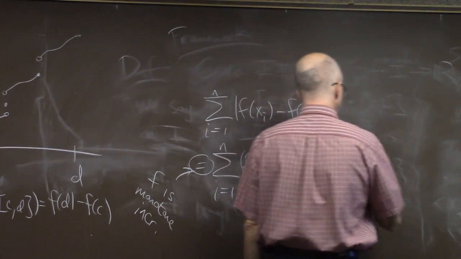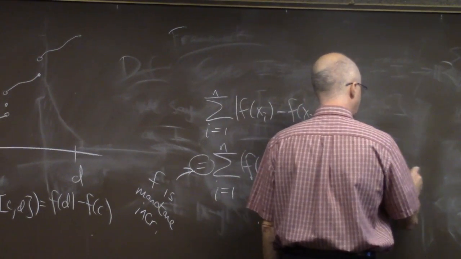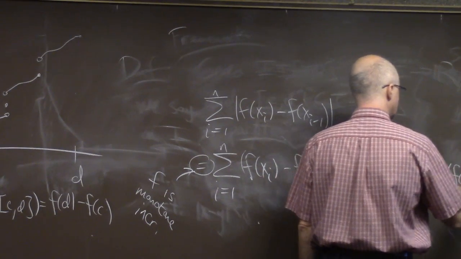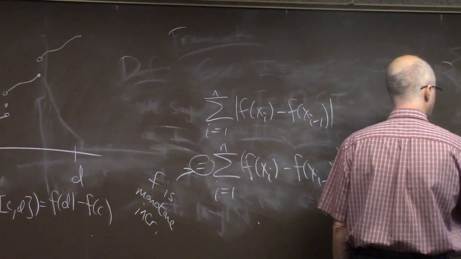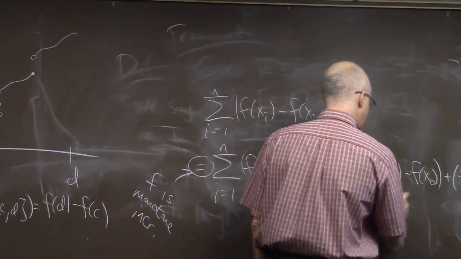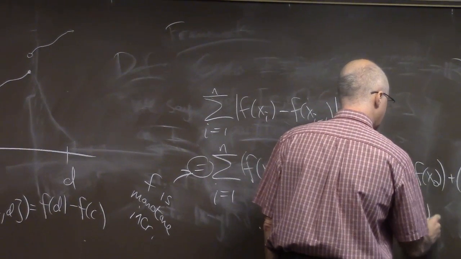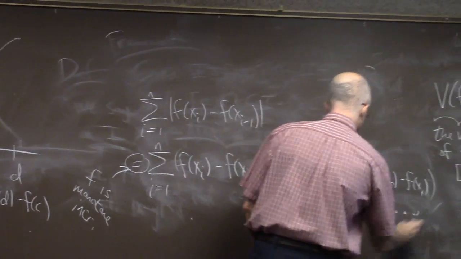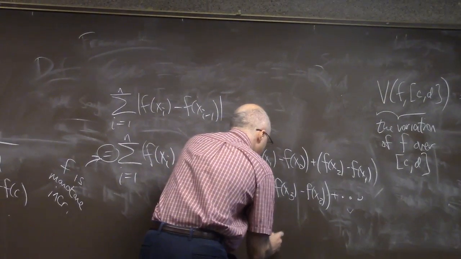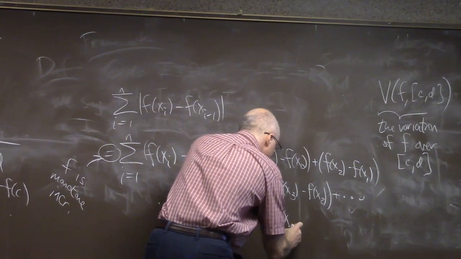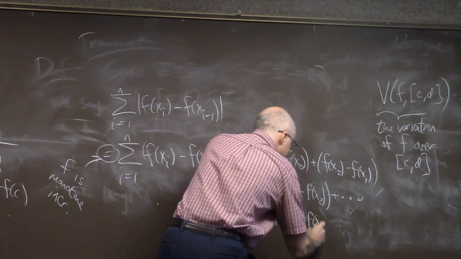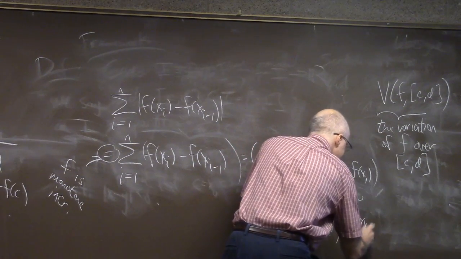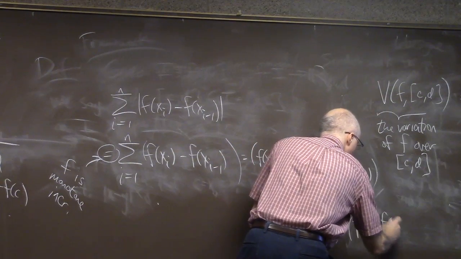This is f of x1 minus f of x0 plus f of x2 minus f of x1 plus f of x3 minus f of x2, etc. The second to last one would be f of x_{n-1} minus f of x_{n-2}. And the last one would be f of x_n minus f of x_{n-1}.